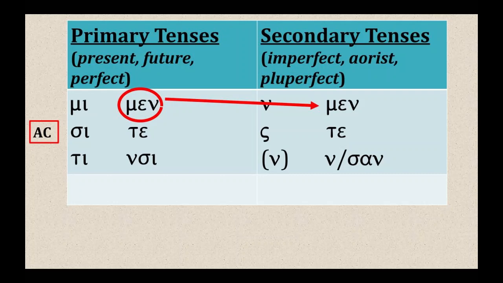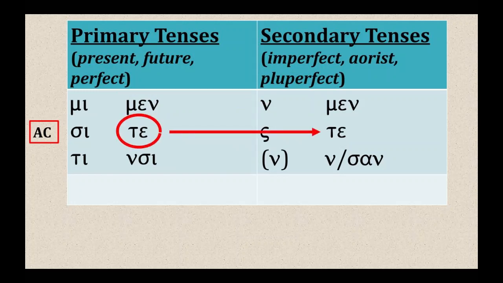You can see the movement of the language. So learn these endings, mete. When I see mete, we're talking about what person here? First person plural, second person plural, third person plural.